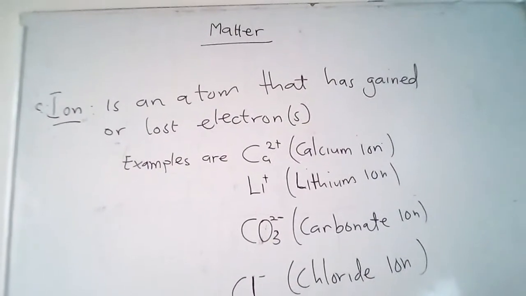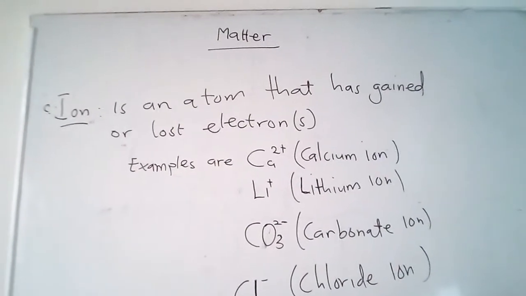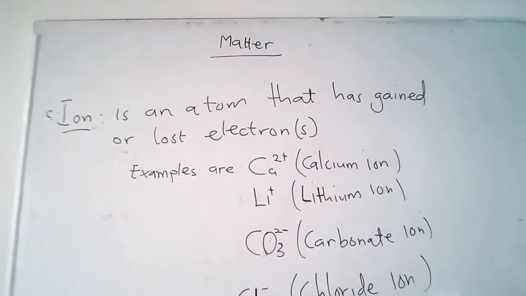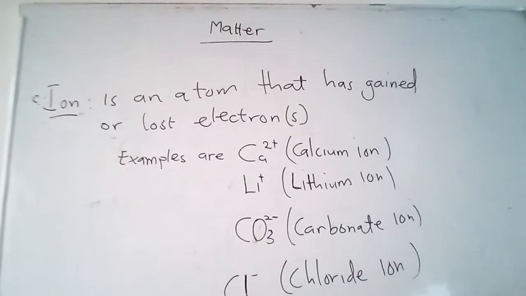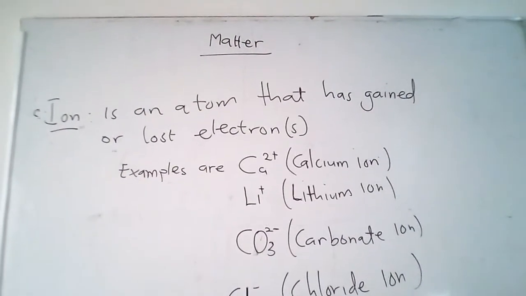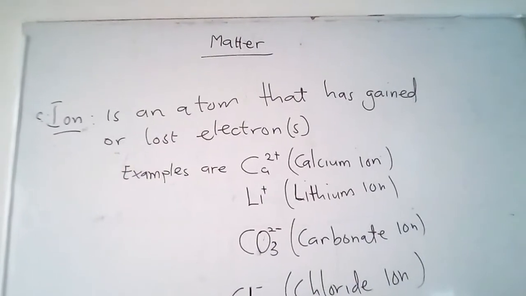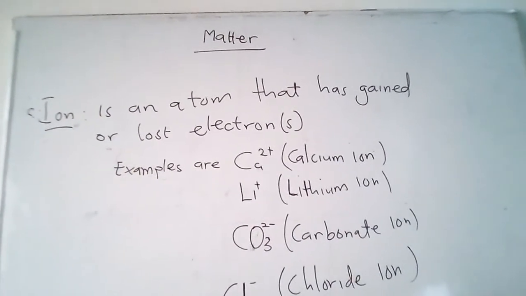Ion is an atom that has gained or lost electron or electrons. So when a group of atoms exist together and carries a net positive or a net negative charge, we can also call it what? An ion. An ion is therefore a charged atom or a group of atoms that exist together as a charged unit.